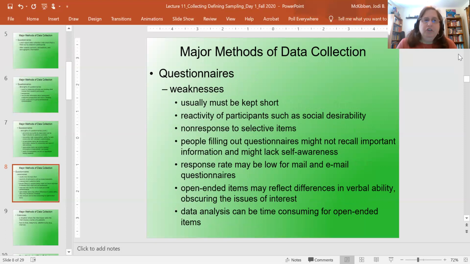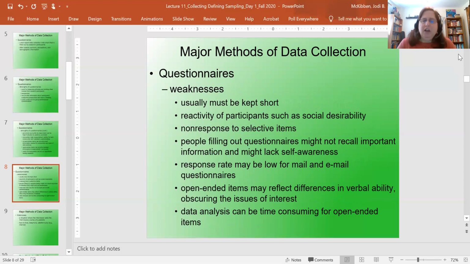But usually questionnaires typically have to be kept short if you're going to keep your respondents' attention. We have social desirability problems again, right? Your participant might try to answer in ways that they believe are socially desirable, particularly ways that they think the researcher wants. Again, we can have non-response issues to select items.